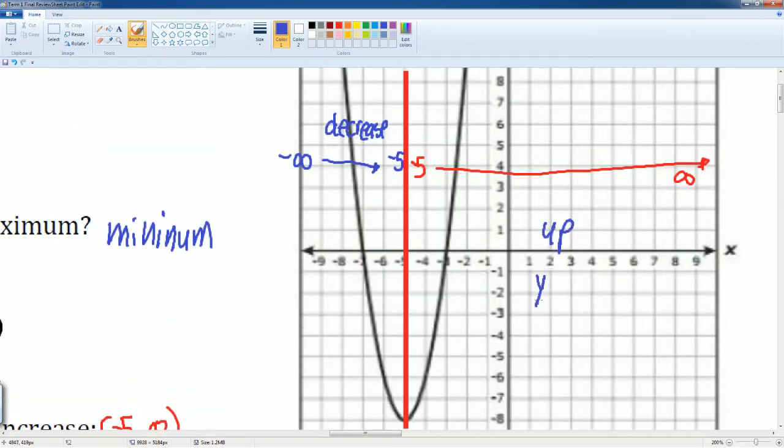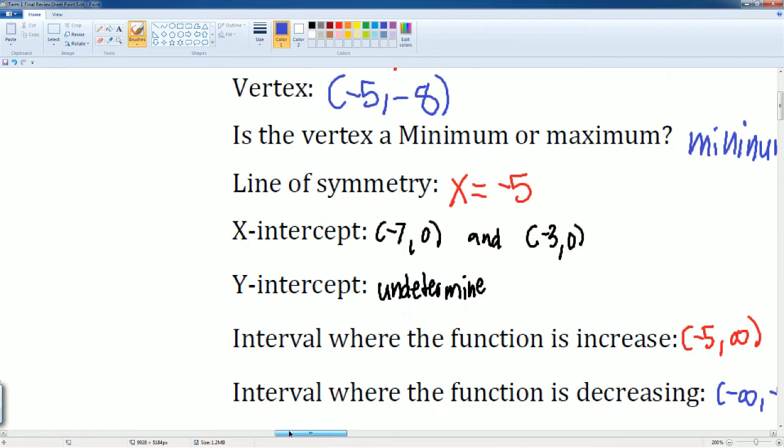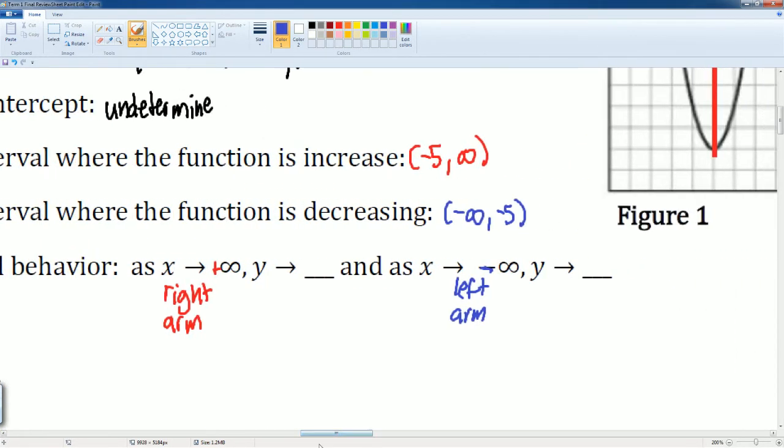So this is y approaches positive infinity. And for the left arm, it also went up, so it's positive infinity as well. All right, so there you go.